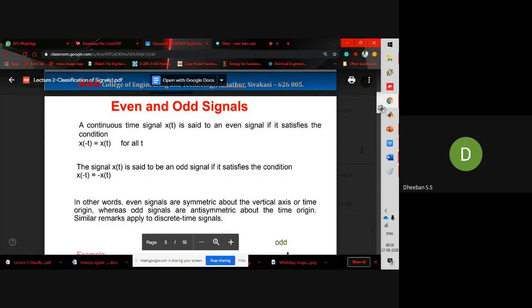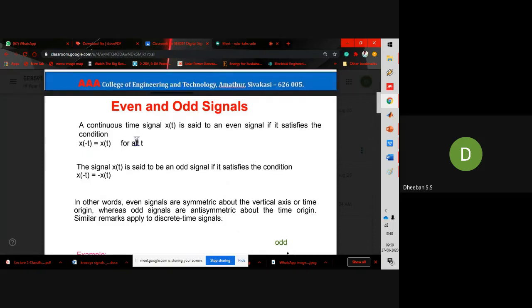The continuous time signal x of t is said to be an even signal if it satisfies the condition x of minus t equals x of t for all the time period values.